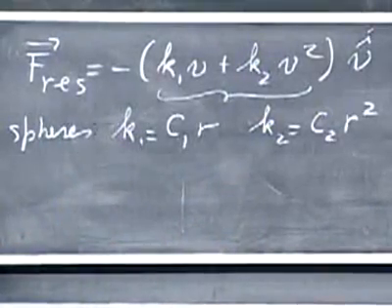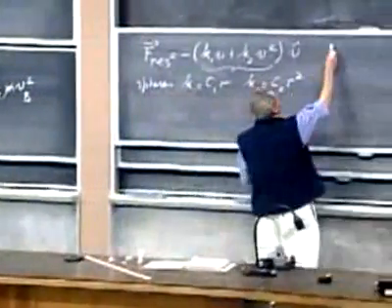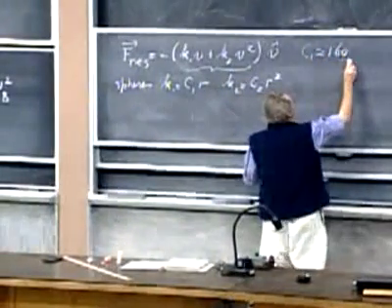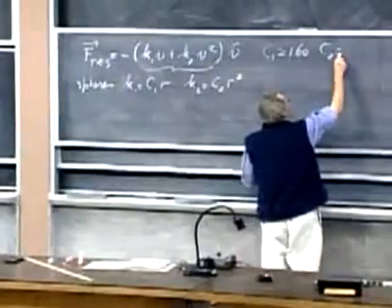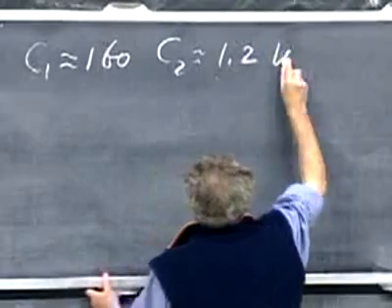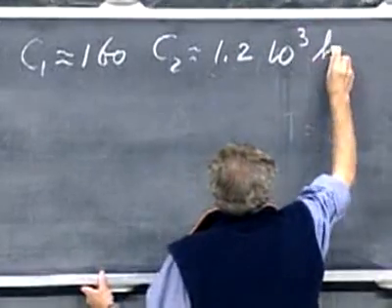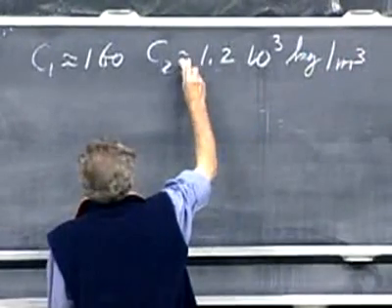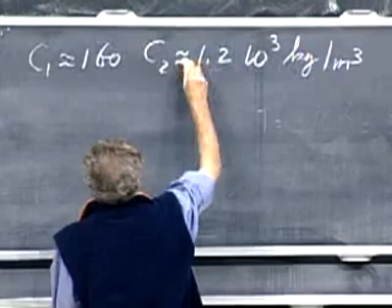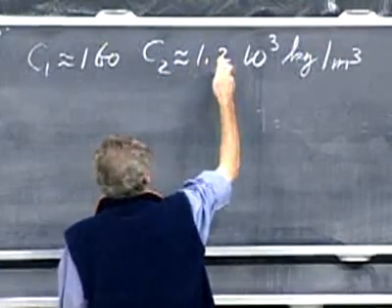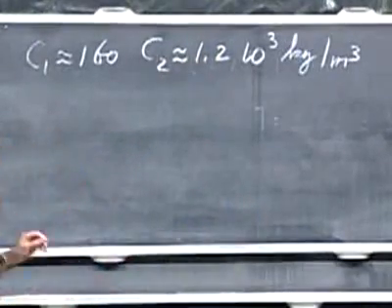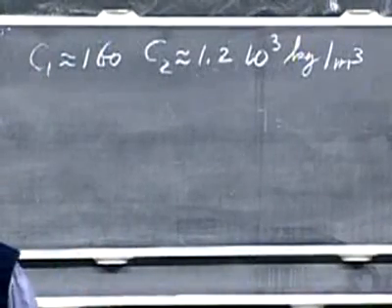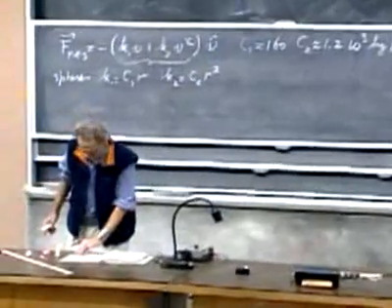And this was a syrup for which c1 was approximately 160, and c2 was about 1.2 times 10 to the third kilograms per cubic meter. I always remember the units of this, because that's always density. In fact, it's always a little smaller than the actual density of the liquid, of the syrup itself. This is a more complicated unit, but you can figure that one out for yourself.